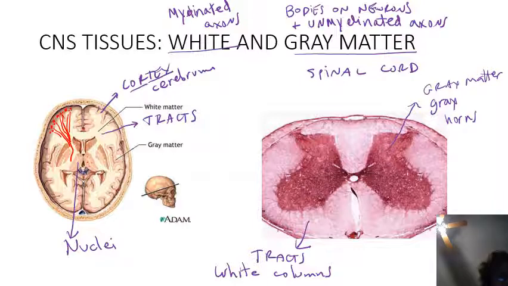Bodies of neurons in the nuclei of the cerebrum and axons traveling through the white matter. Similarly, in the spinal cord, bodies of neurons will be found in the gray matter, while the axons are found in the white matter.